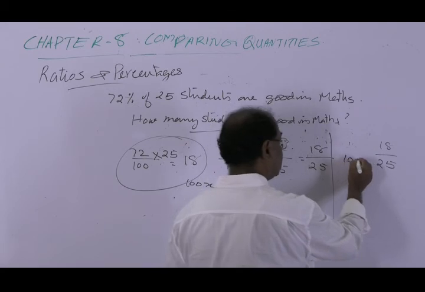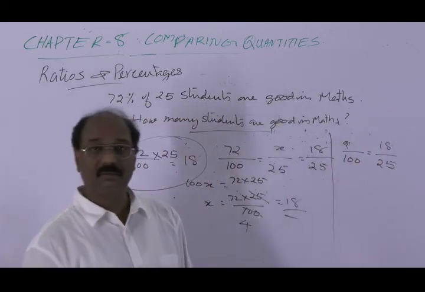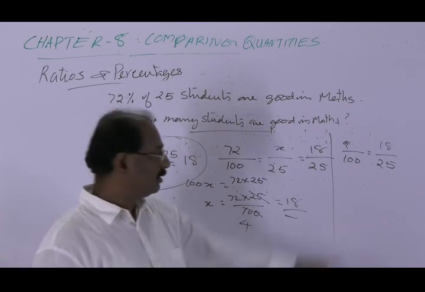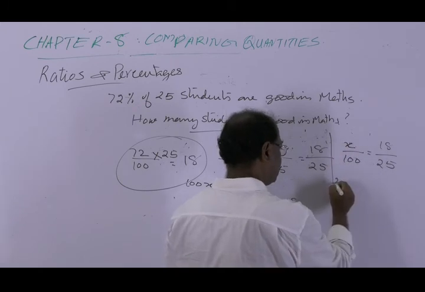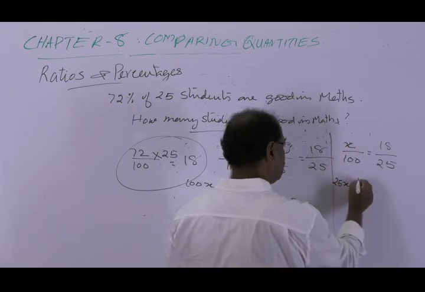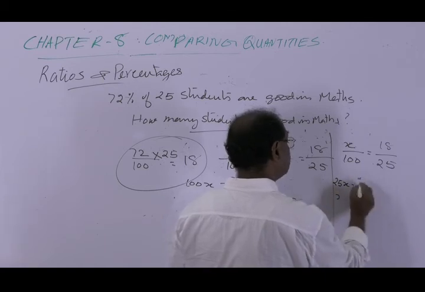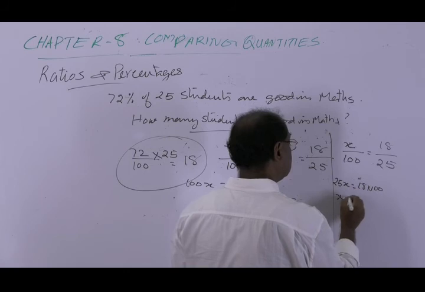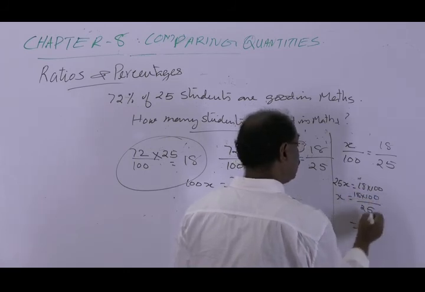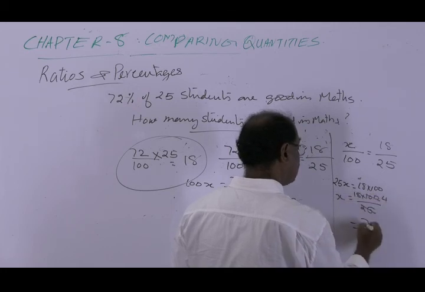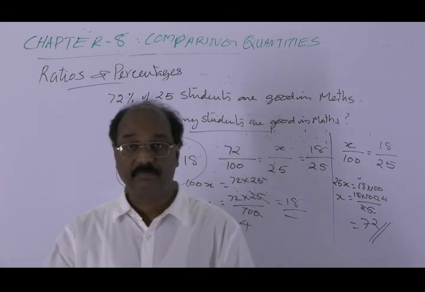What is the percentage of students good in maths? So take this as x. Cross multiplying, 25x is equal to 18 into 100. So x is equal to 18 into 100 divided by 25, which is 25 into 4, 18 into 4, 72. That is 72%.